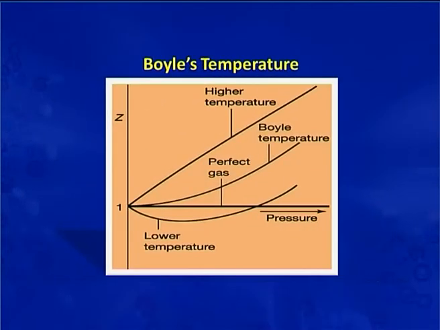At a certain temperature, the minimum in the curve vanishes and the curve remains horizontal over an appreciable range of pressure. At this condition, Boyle's law is obeyed within this range.